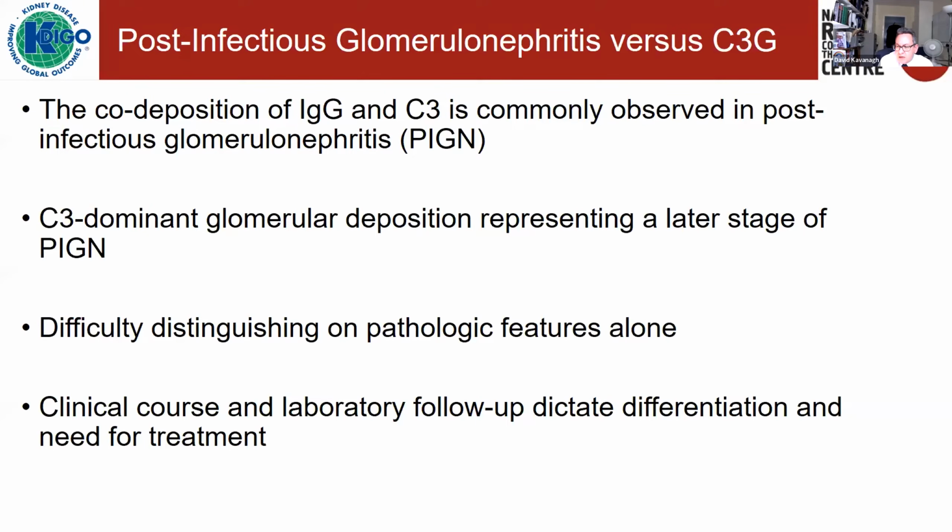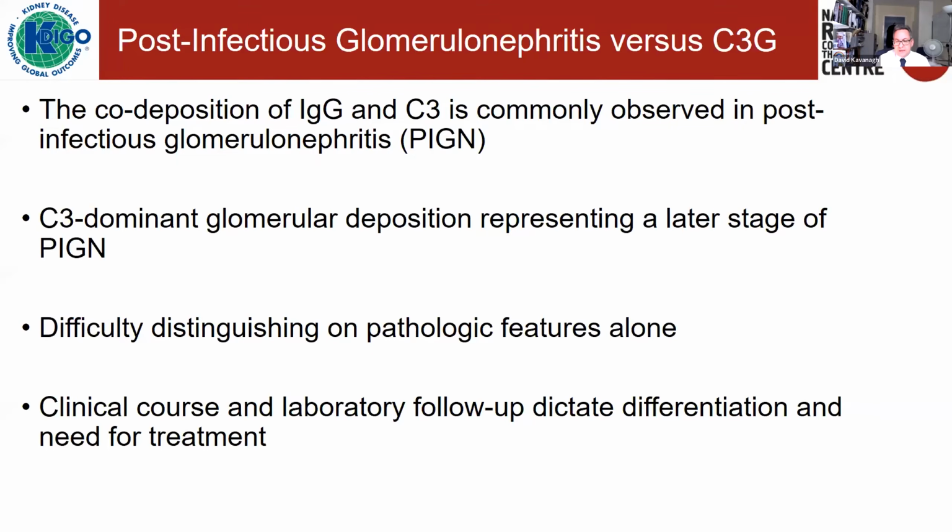If you have a patient with post-infectious glomerulonephritis, what will happen is within about 3 months, they'll recover their kidney function, the hematuria will get better, the proteinuria will disappear, and the hypocomplementemia will resolve.